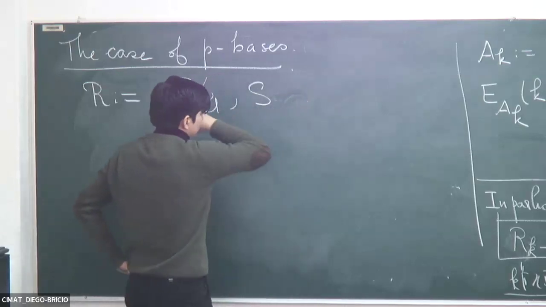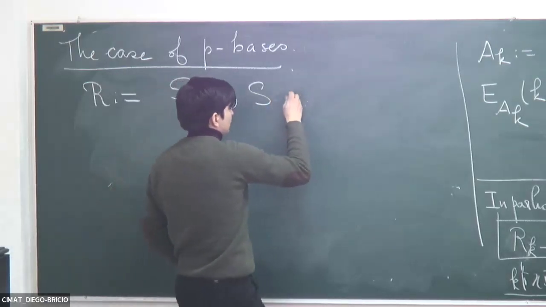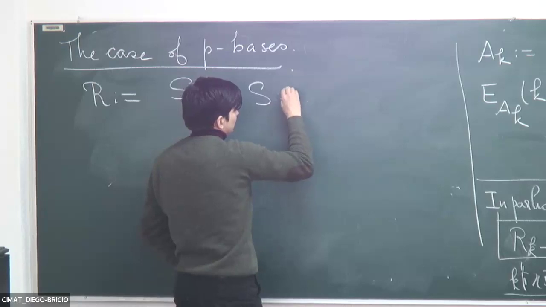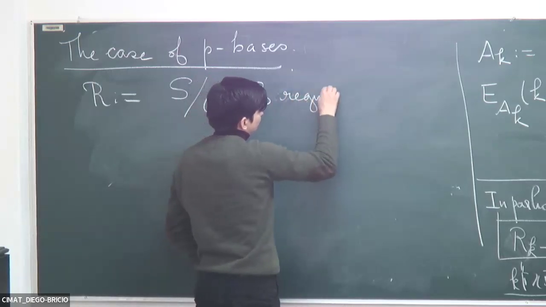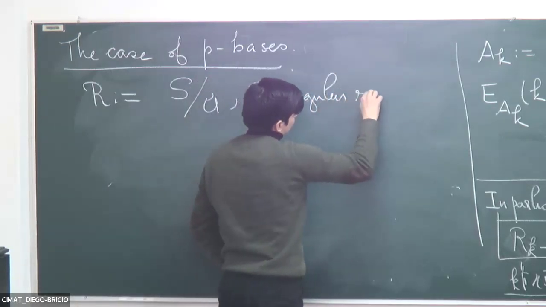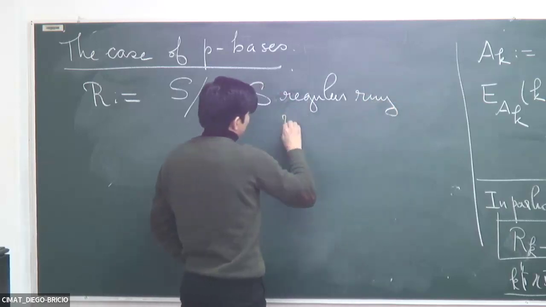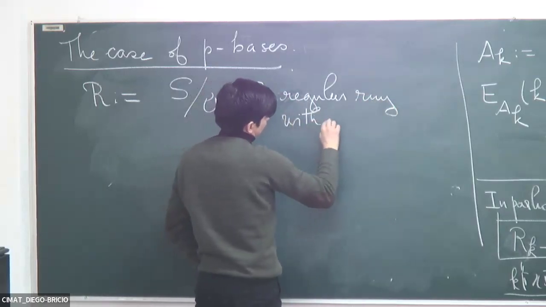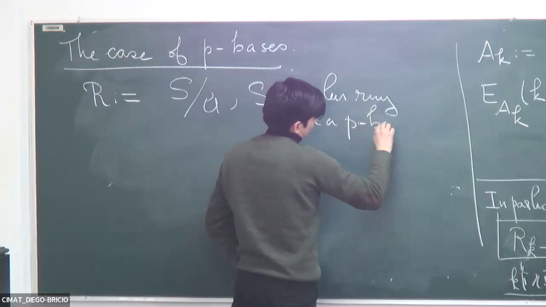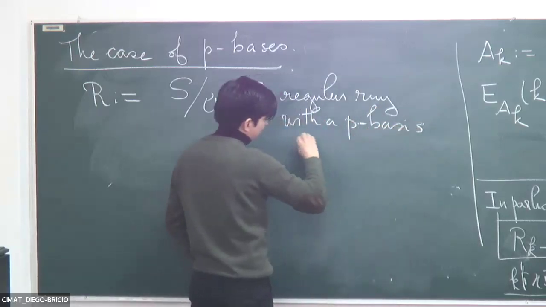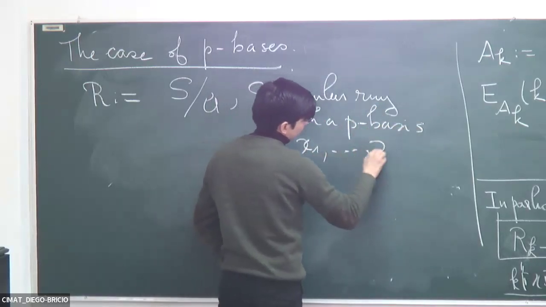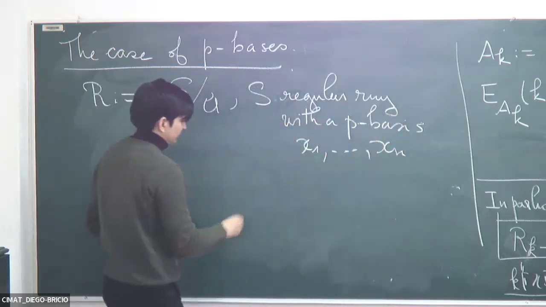Well, not a polynomial ring, sorry, a regular ring with a p-basis. Let's call it x1 to xn.